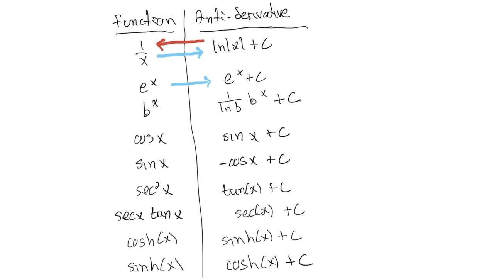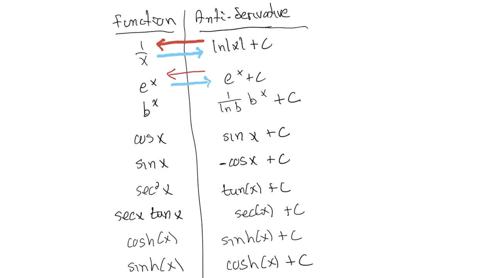Now I want to point out that in all of these antiderivatives, I'm putting a constant, plus c. That's because I could have any constant come out of this process of an antiderivative, because when I take the derivative of that constant to go back in the other direction, the derivative of the constant is 0. What we typically call this is a family of antiderivatives.